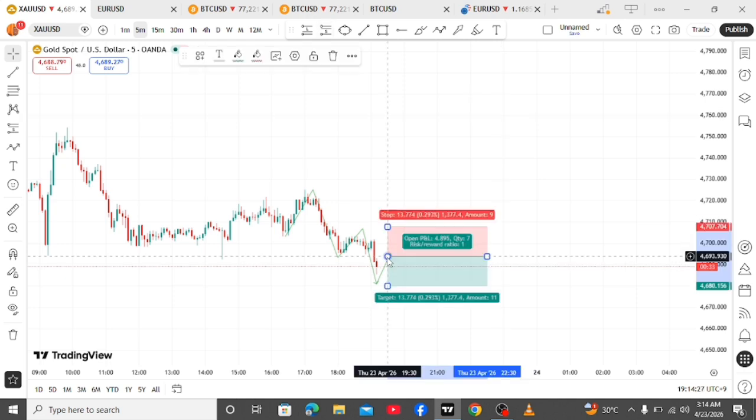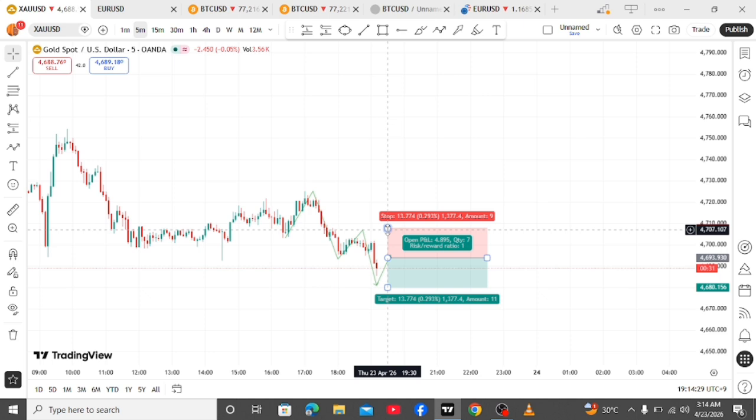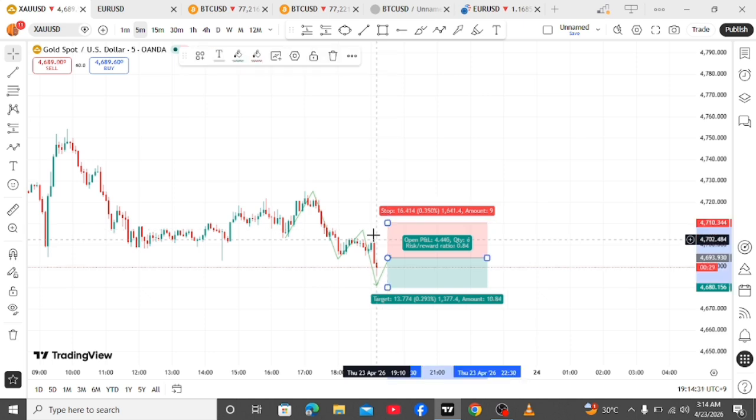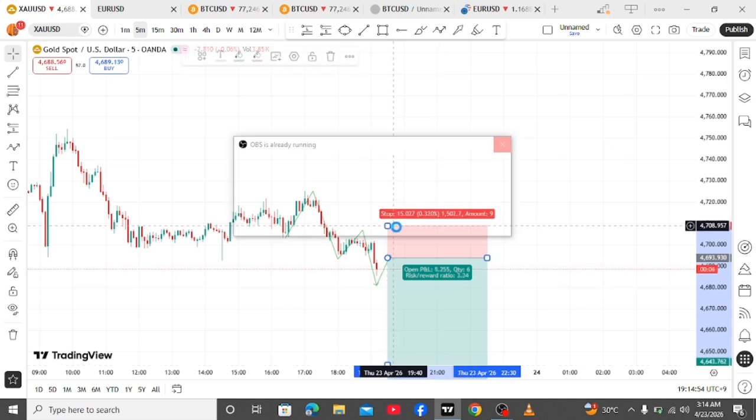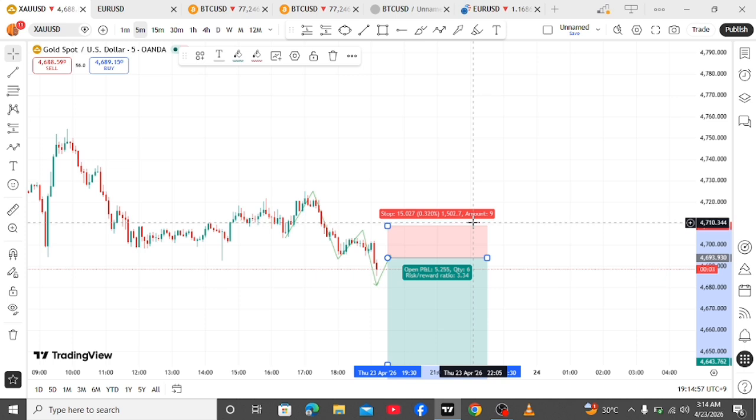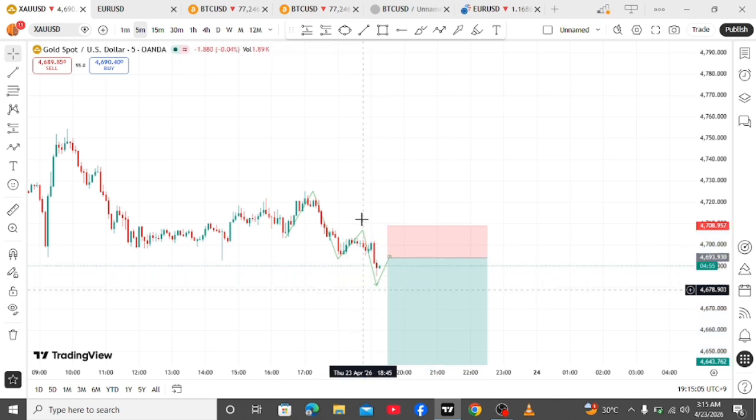around here. Stop loss above the recent lower high, then take profit, let's say 3 risk ratio. This is a 15 pip stop loss, and we're making times 3 of this if the market comes our way. So what do we expect from here?